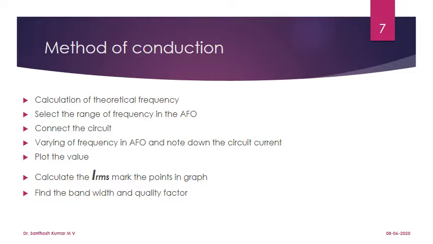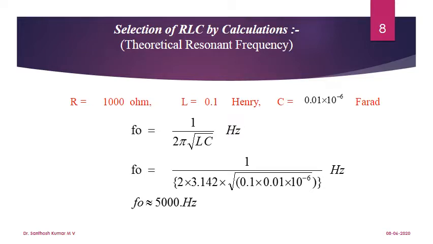Next is the selection of the theoretical resonant frequency by selecting the values R equals 1000 ohm, L equals 0.1 Henry, and C equals 0.01 microfarad.